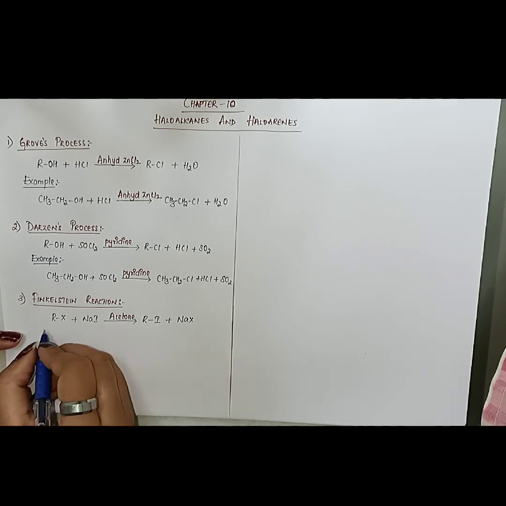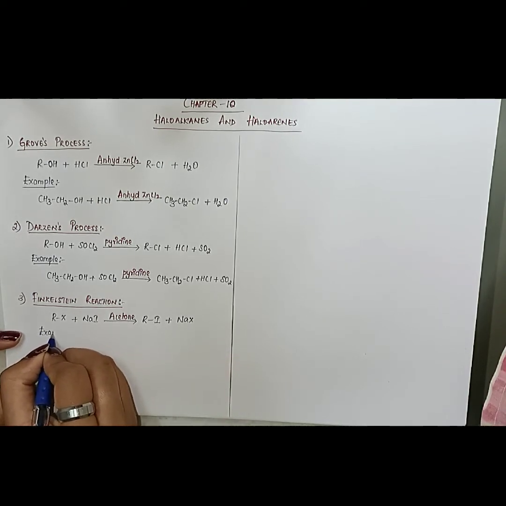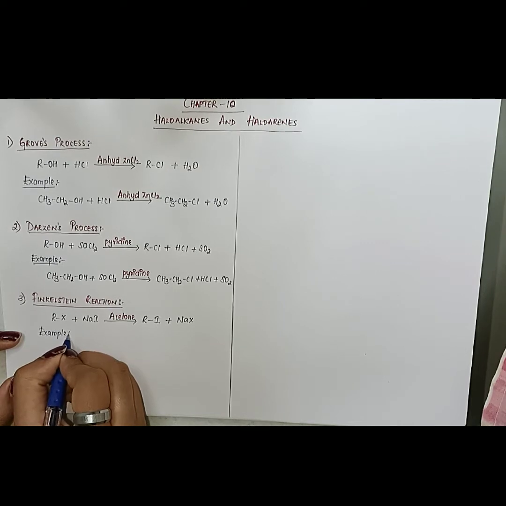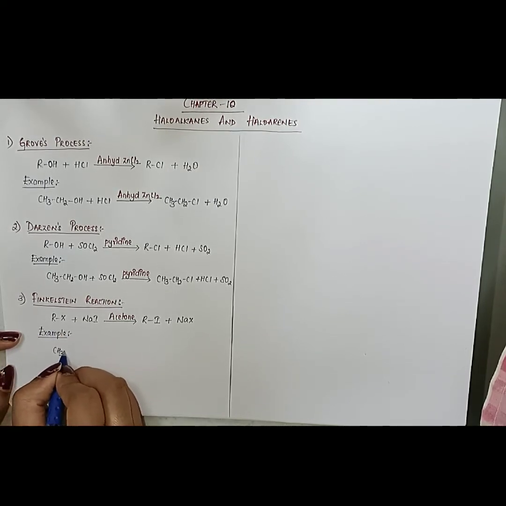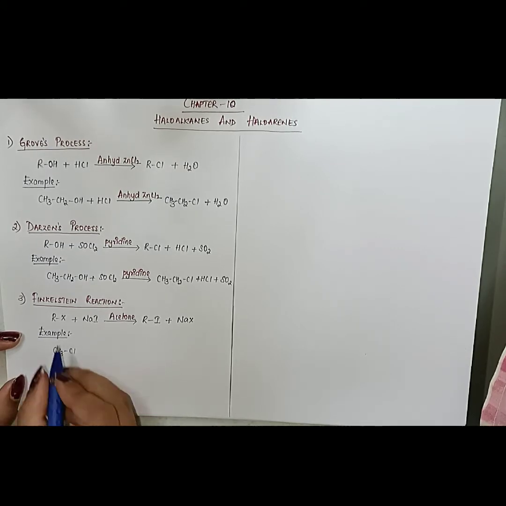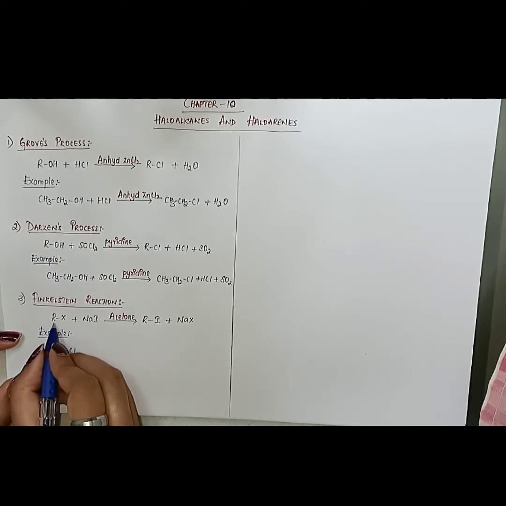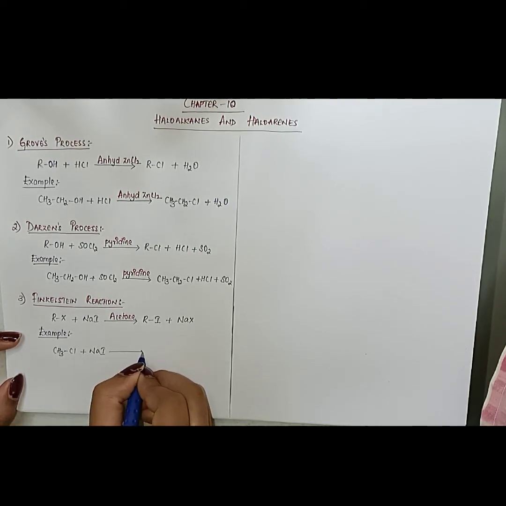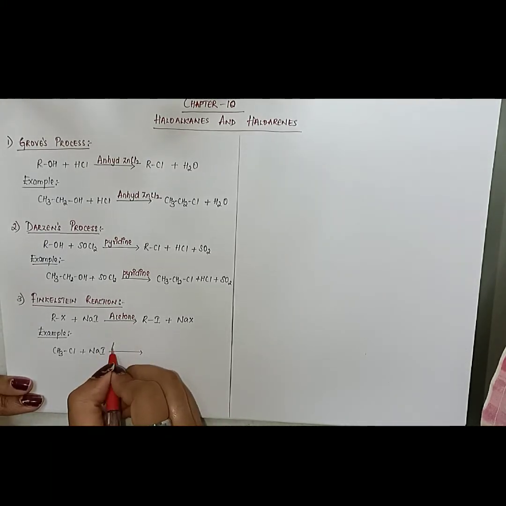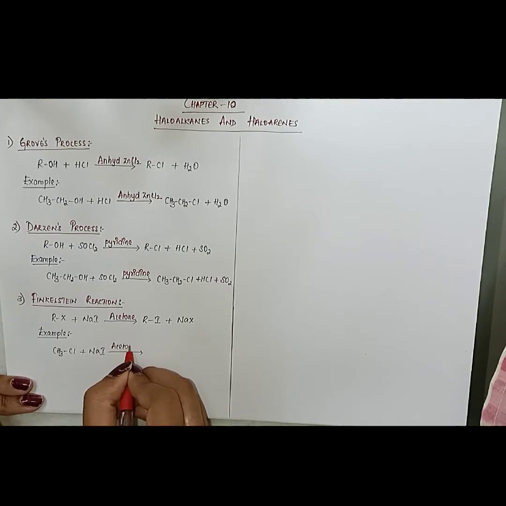Now we're taking an example for this. So here I will just take it as CH3Cl. Instead of X I've taken a halogen. Instead of R group I've taken a CH3. Now this when I react it with sodium iodide and the medium is acetone.